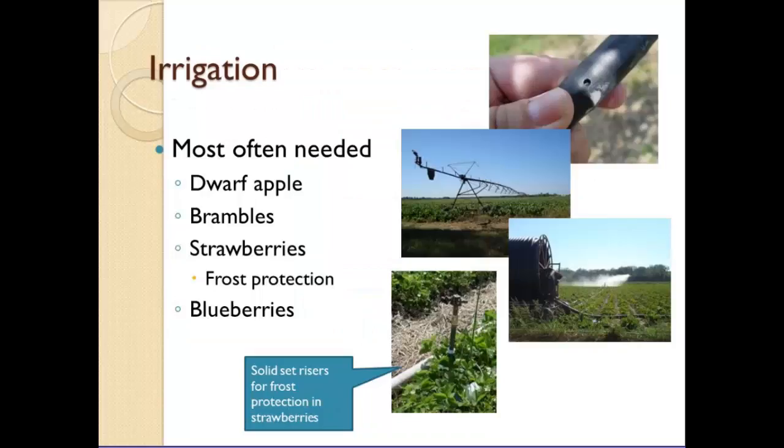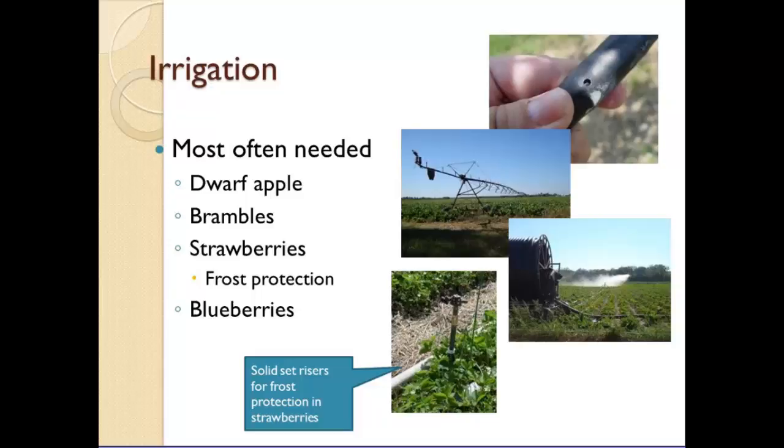Some of your other considerations that you need to think about, particularly here with some of our past experiences, irrigation. I somewhat mentioned this in the introduction. Most often needed, if you're planning on putting in full dwarf apples, so full dwarfing stock, you're going to want to have at least irrigation to get established. Brambles as well are fairly high users of water.